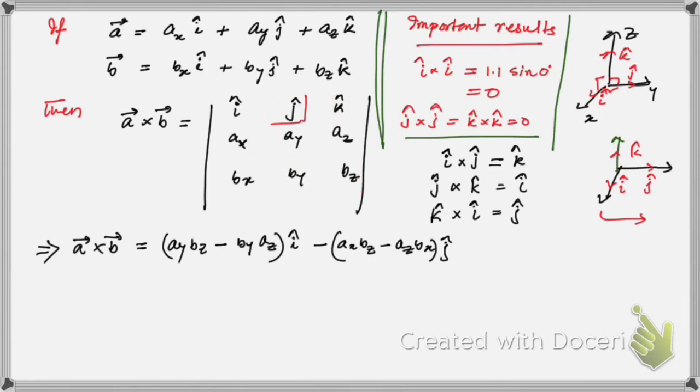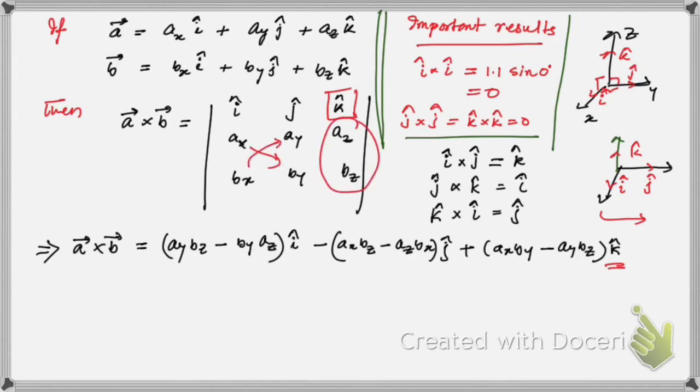Okay, here you see minus plus this time, then (ax by minus ay bx) k cap. So here we are taking k cap now, so ignore this column, then multiply these two, then minus, multiply these two, right? Similarly, in the other case, when we had taken j cap, let me tell you again.